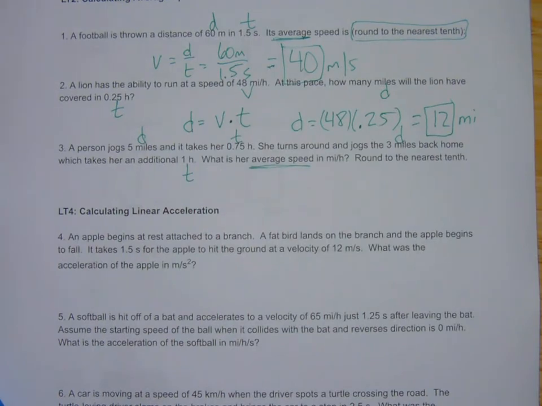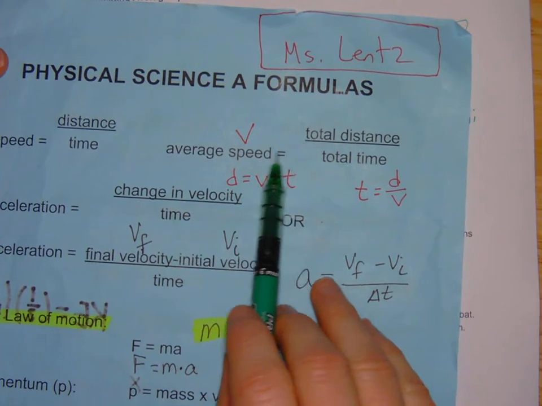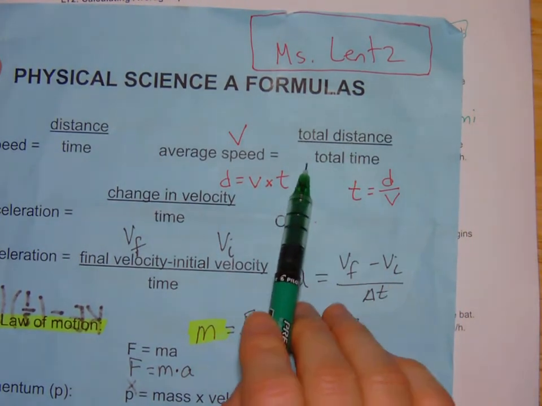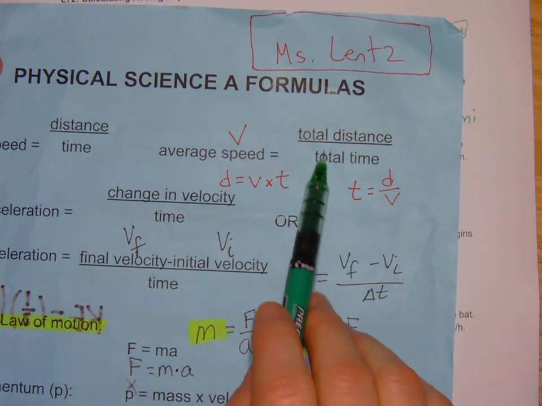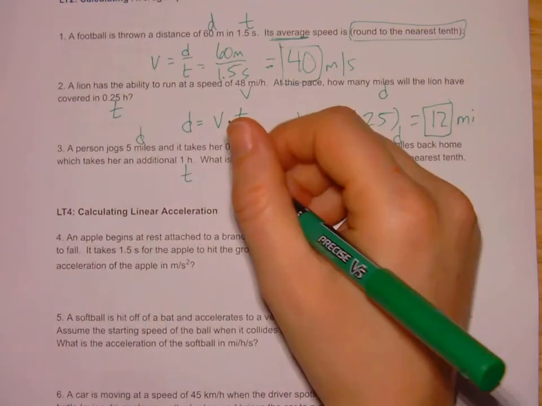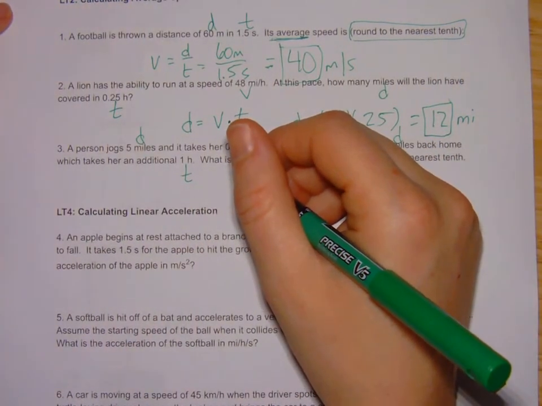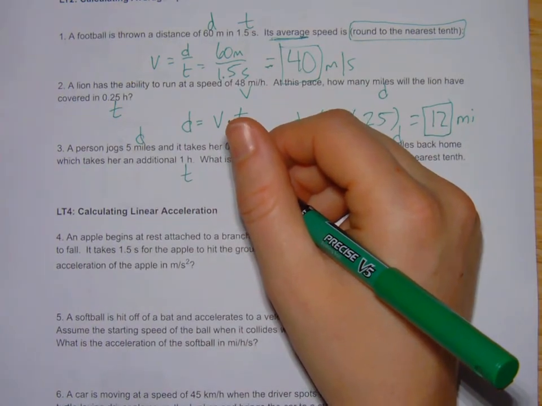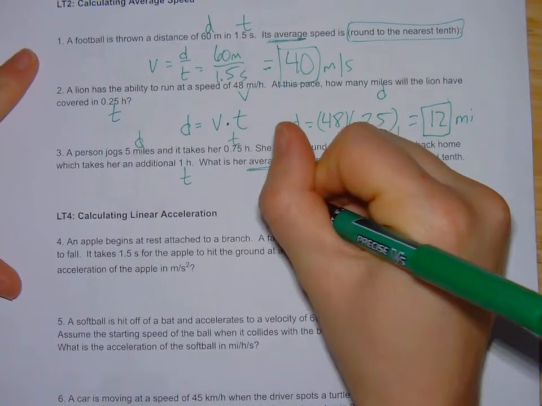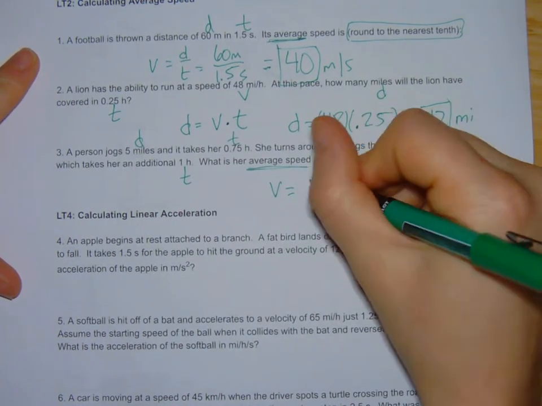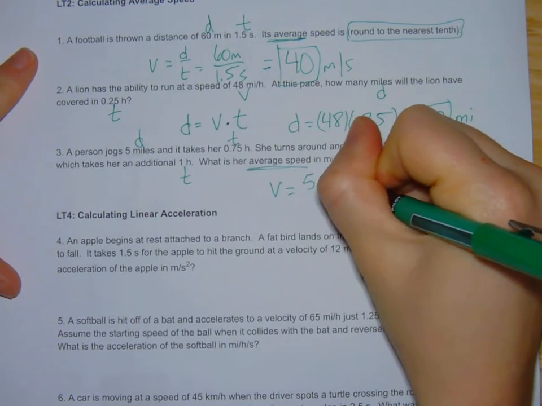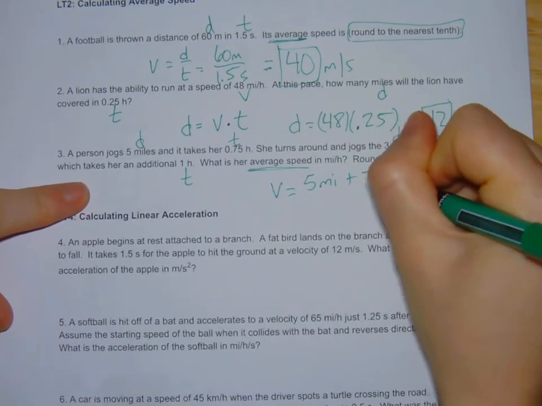So when you look at that formula sheet, we know that average speed is total distance divided by total time. Total means we add. So we go total distances. It's 5 miles, and we add the 3 miles back home.